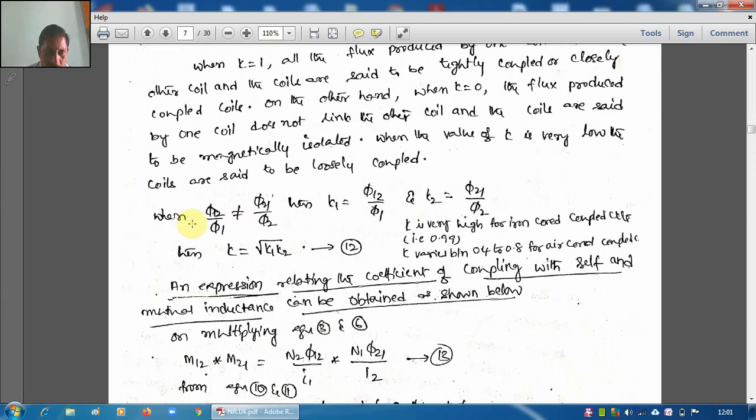If this is the case, then K1 is different from K2, but in the majority of cases we can say that these two are equal. K equal to root of K1 K2 happens when there is a difference in the medium, and we need not consider that. We can take as a general rule only one value of K, that is when phi 12 equal to phi 21 and phi 21 equal to phi 1.